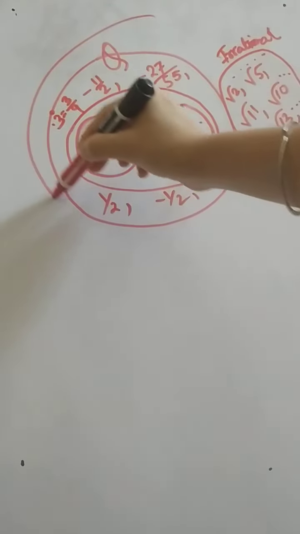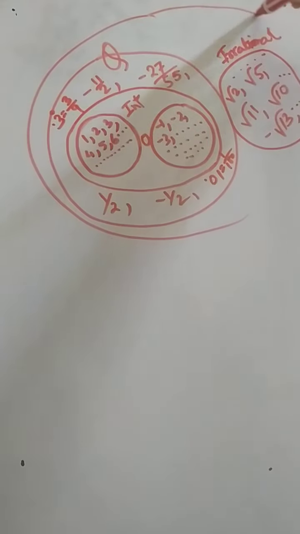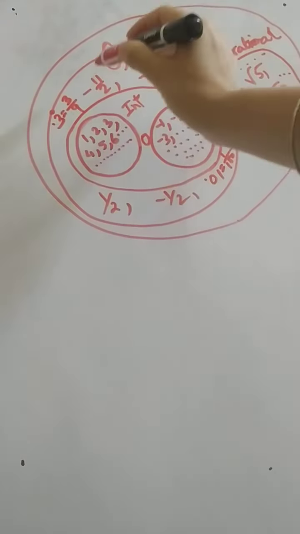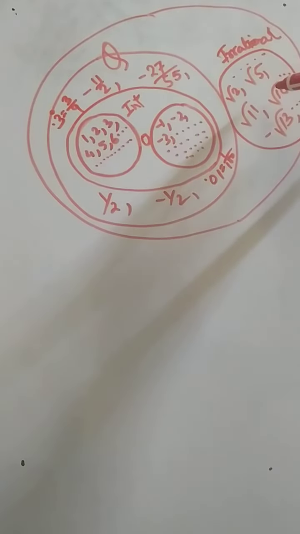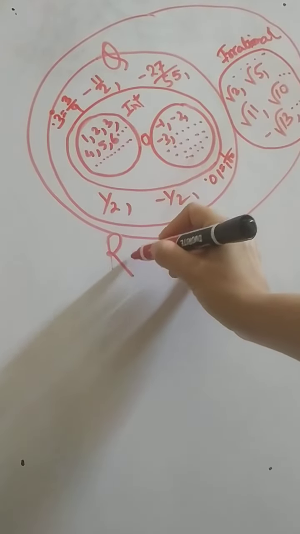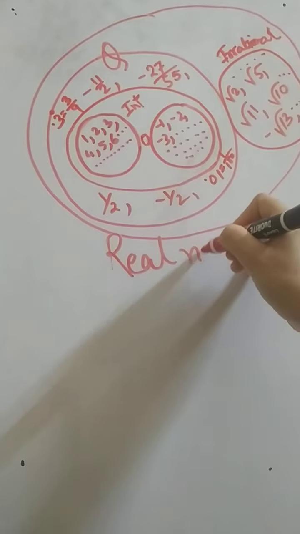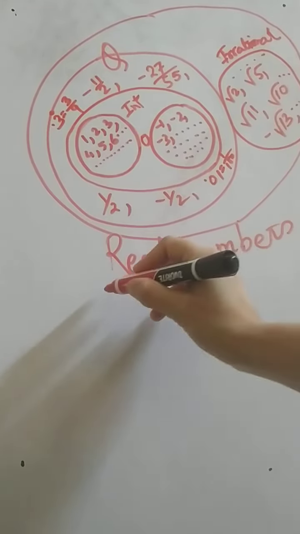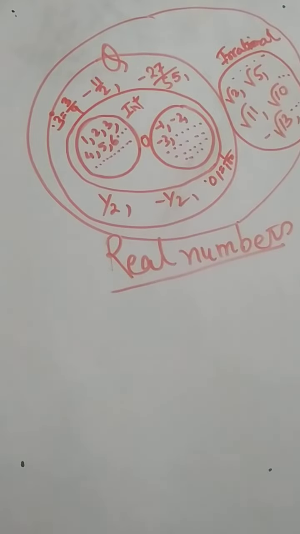Now what about the real numbers? This big house which contains two big rooms, the rational numbers and the irrational numbers, is called the set of real numbers.